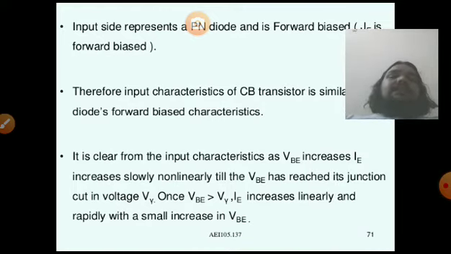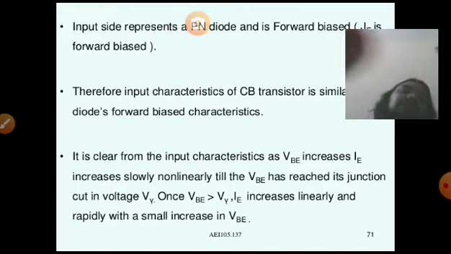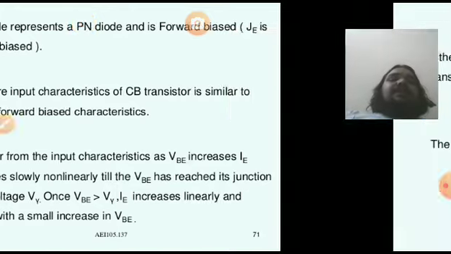It is clear from the input characteristics that as VBE increases, IE increases slowly and non-linearly till VBE reaches its cut-in voltage. Once VBE is greater than the cut-in voltage, IE increases nearly linearly and rapidly with a small increase in VBE.